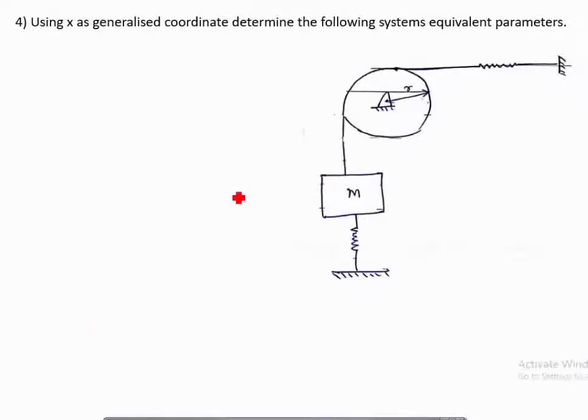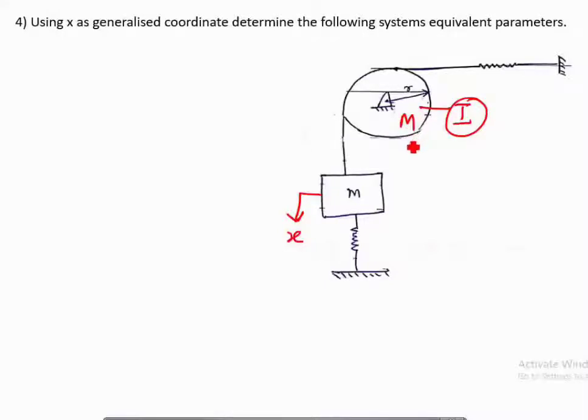Okay. So how will you start this problem? First of all, let us say that x is the small displacement given to the mass m. Let us say they have given the mass of this pulley as capital N. Whatever it is given, consider it. If they have given I, keep I as it is. If they have given a small n, take it as small n.